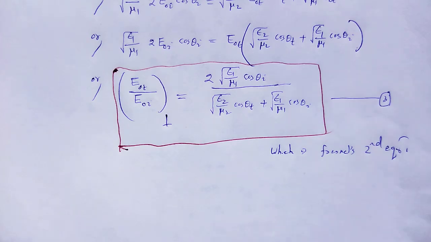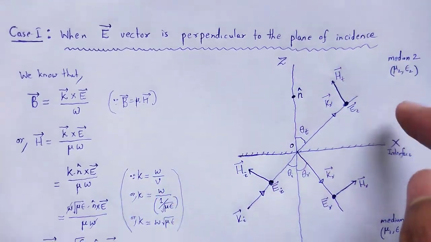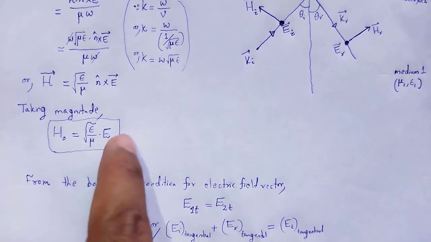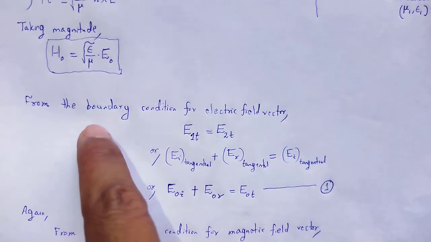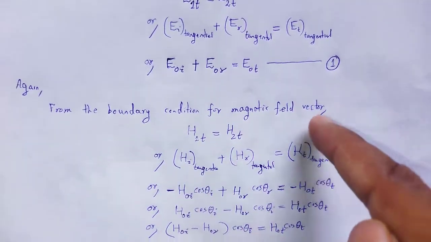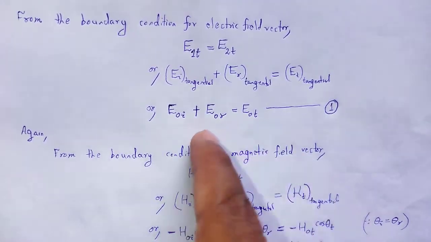So, here we show that case number 1, when E vector is perpendicular to the plane of incidence, first we relate the S vector to that of the E vector, then using the boundary condition of the electric field vector and the boundary condition for the magnetic field vector, as it is the tangential one.